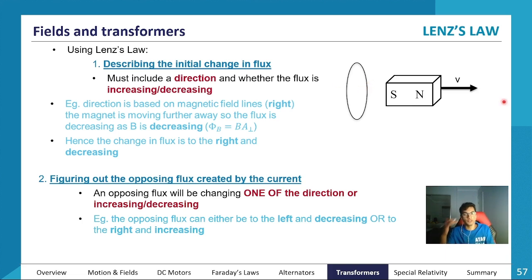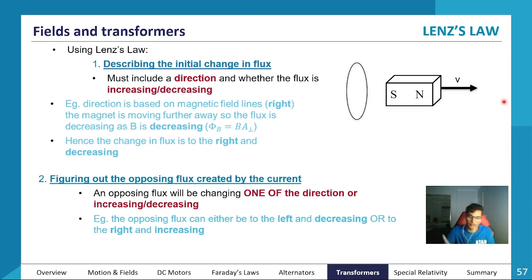The flux would decrease because there's less magnetic field perpendicular to the coil. Because the flux is decreasing, what the system wants to do is induce current so that the flux will increase.